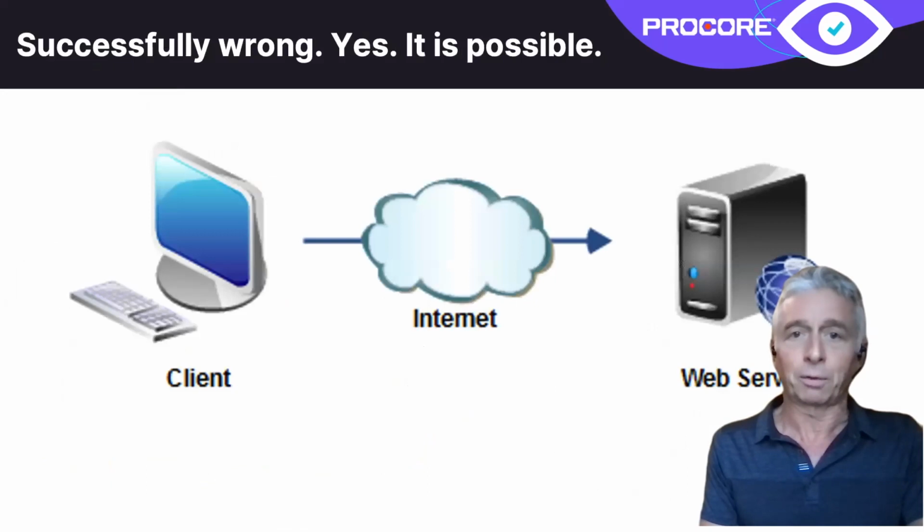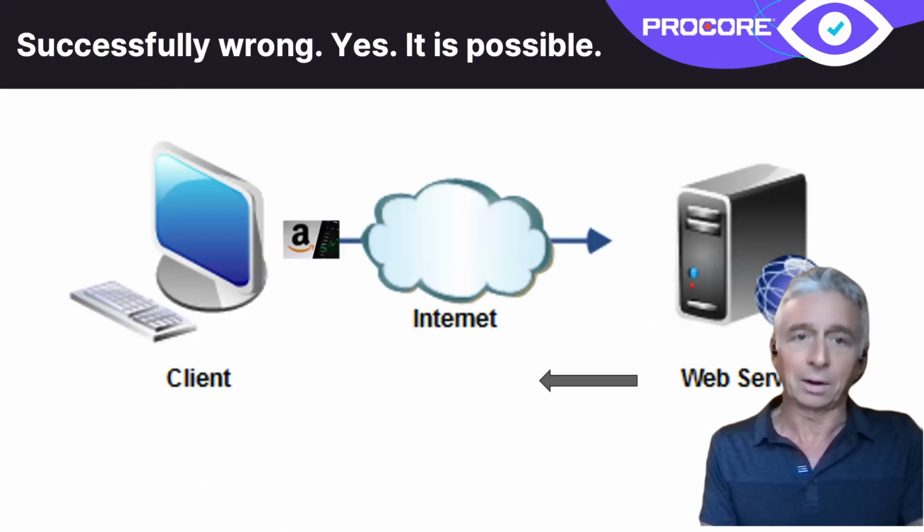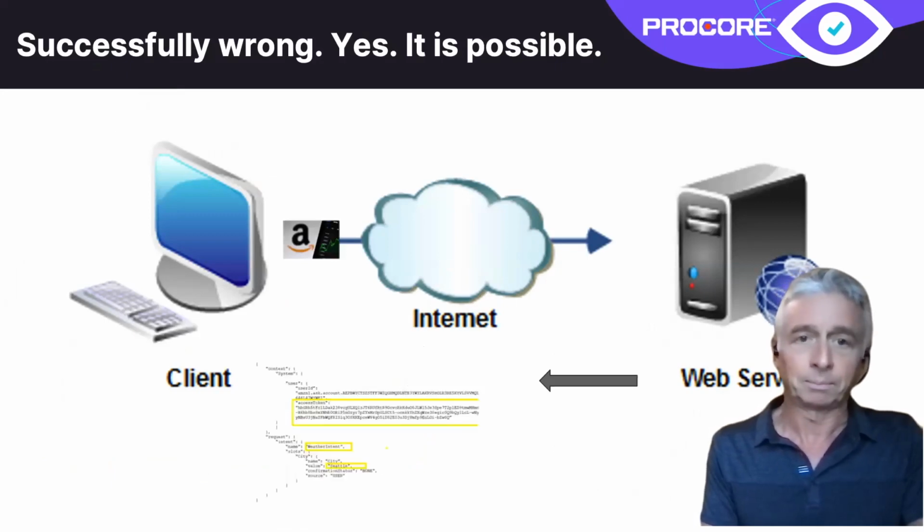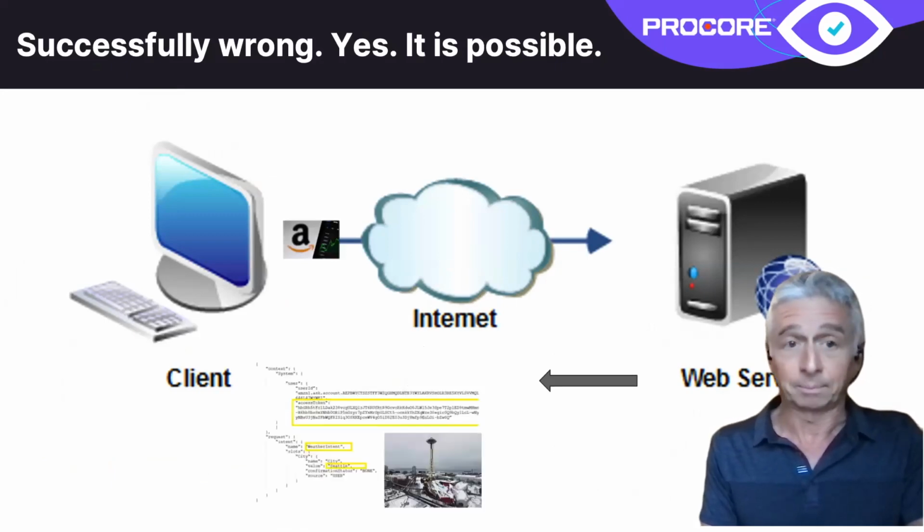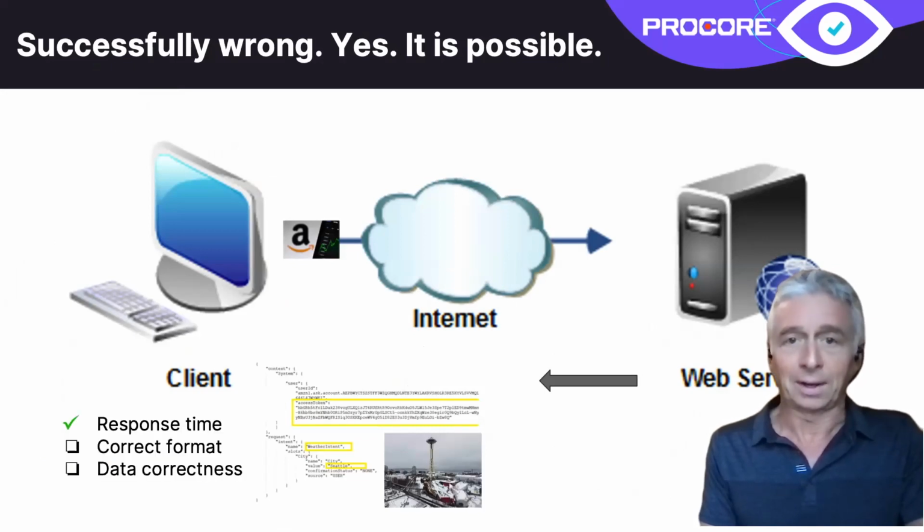Consider the response data for a web service call to get stock quotes, where the web service has SLOs for response time and format. Say you request the current stock price for Amazon and get a response with valid JSON for the weather in Seattle. Oops. Well, you got a response and you got it primetime quick. And it was well-formed JSON.